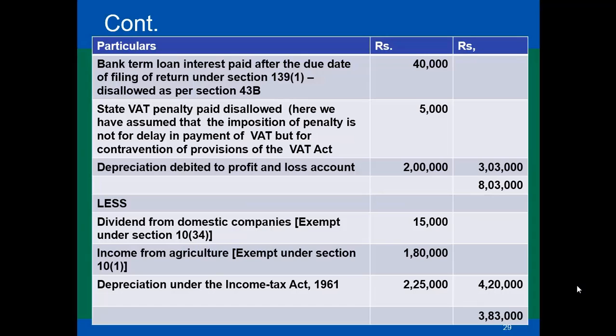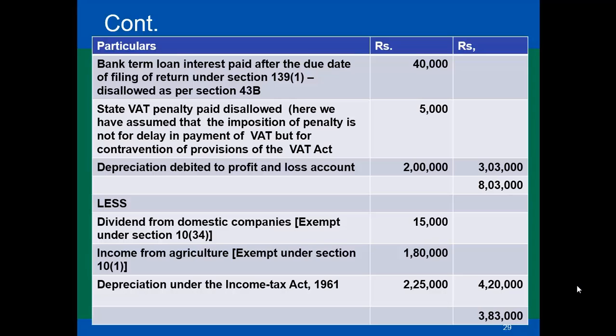Now in the question it is given that Raju has paid interest on bank. This was on a machinery term loan and the total amount was rupees 60,000. Now further in the additional information it is given that bank term loan interest actually paid up to 31st of March 2018 was rupees 20,000 and the balance was paid in October 2018.